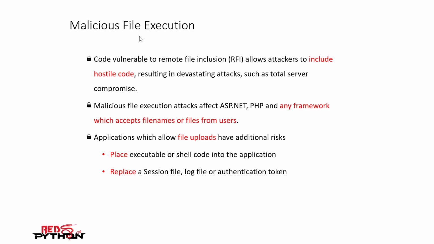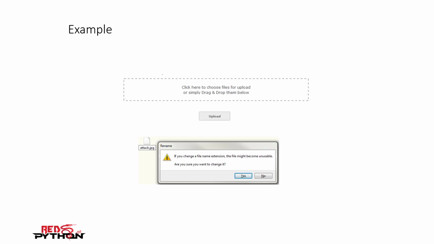And if this file being uploaded is malicious, the attacker will have the capability to compromise your server and probably your environment. They can place some executable or shell code in the application. They might replace a session file. Sky is the limit if an attacker is able to upload those malicious files on your servers.